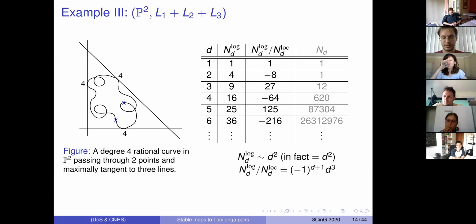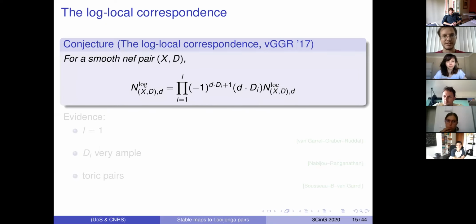And this was noticed in examples by Takahashi and then Gräfnitz, Hassett, and around 2016, 17, people started thinking that this could actually be some universal phenomenon.